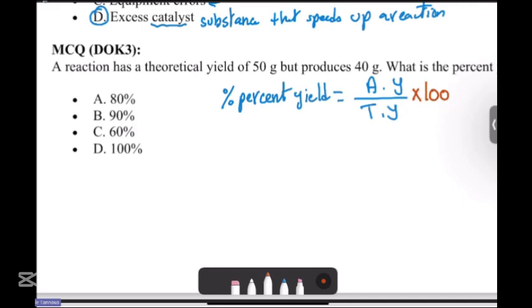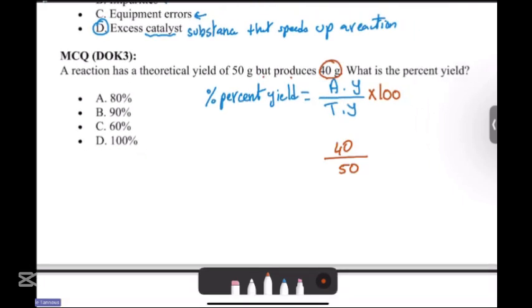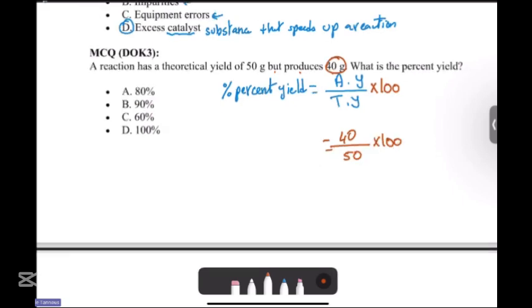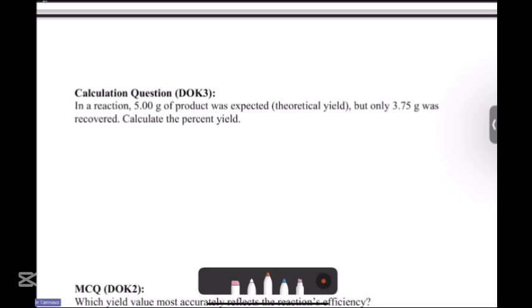A reaction has a theoretical yield of 50, but produces 40. That's the reality. We were expecting 50, but we got 40. So what is the percent yield? The percent yield is 40 over 50, so that's 80%. This is a very good result. 80% successful.